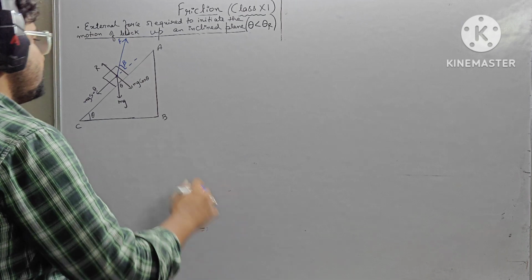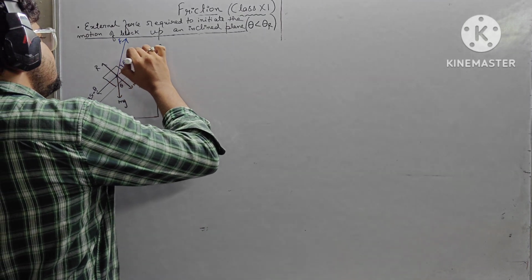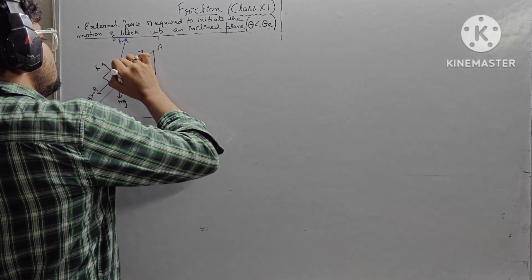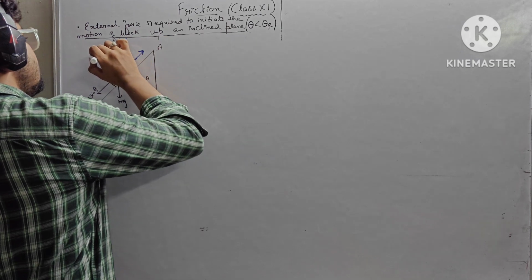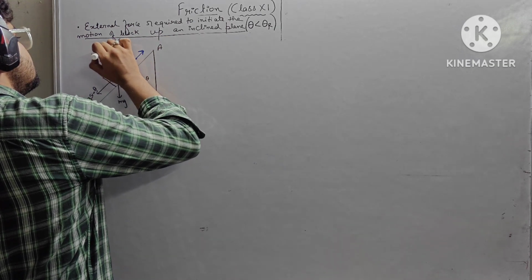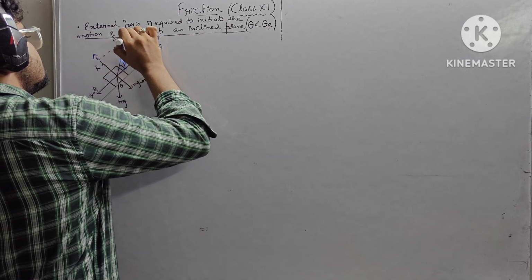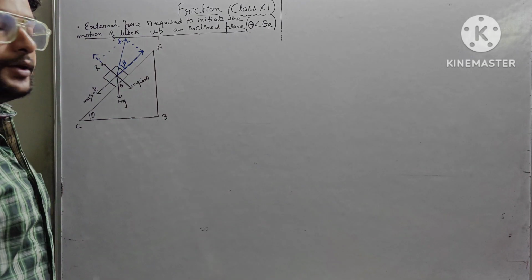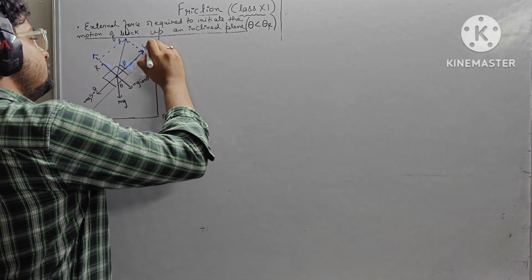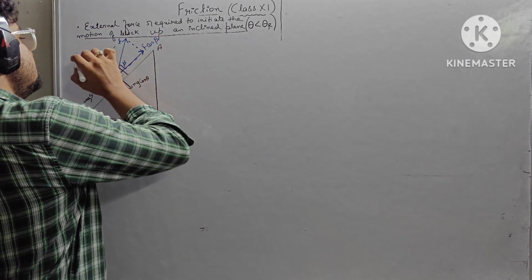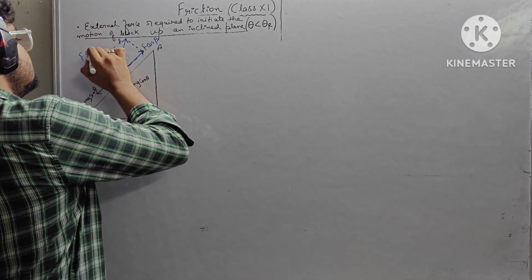I can divide this force into two rectangular components: F cos beta along the plane and F sin beta perpendicular to it.